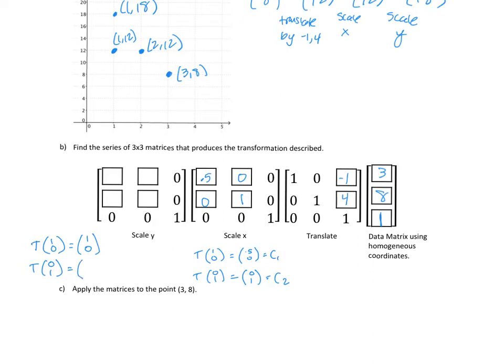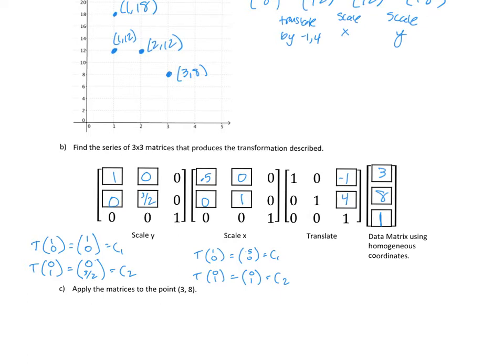And then T of (0, 1), I'm not changing x, I'm scaling y by 3/2, so 1 times 3/2 is 3/2. This is column 1, this is column 2 of the standard matrix for a transformation that scales y by 3/2. That's what goes in those 4 blank spaces. So I have (1, 0) and (0, 3/2).